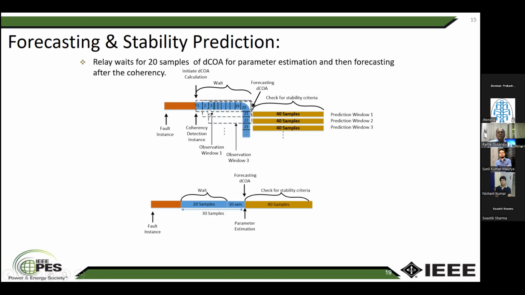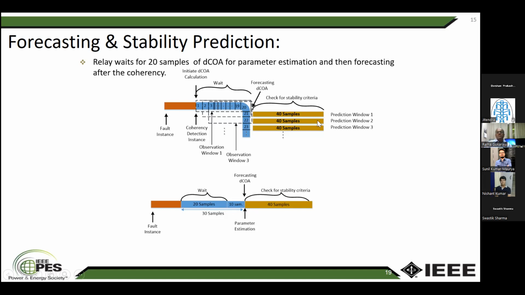So 20 samples is when we are doing the forecasting. We are creating a window of 20 samples, and then we have a buffer zone of another 10 samples. So overall 30 samples, and then we predict for the next 40 samples.